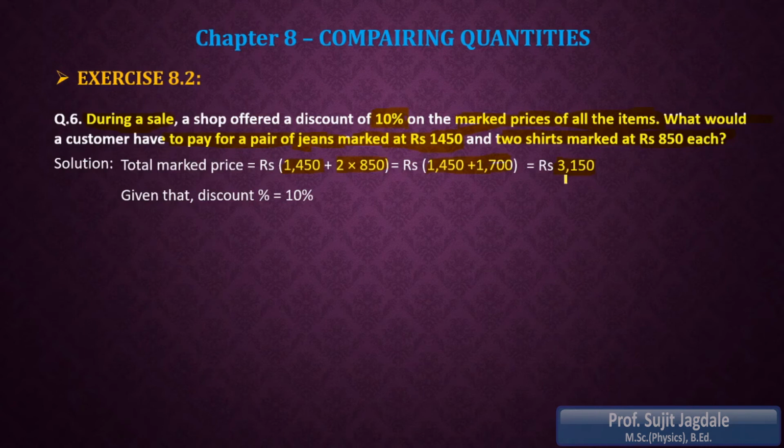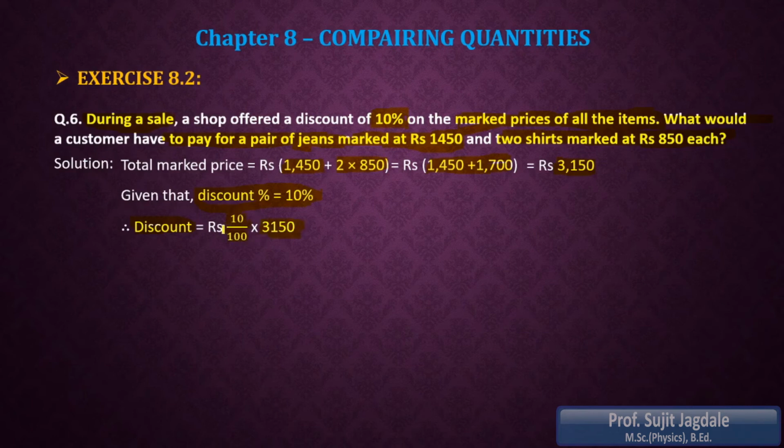Now it is given that the discount percentage is 10%. We know how to calculate the discount. Discount is equal to discount percentage divided by 100 into marked price.